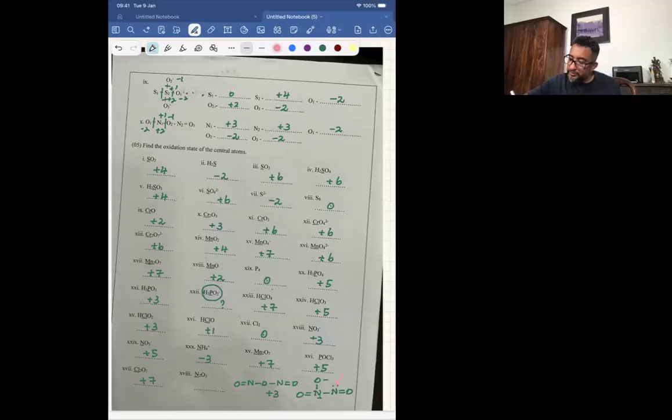This one is plus 2. This one is minus 2 plus 1, plus 3, plus 5. This is plus 5 because there's a negative charge and there's a positive charge.